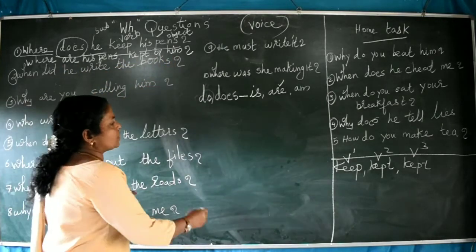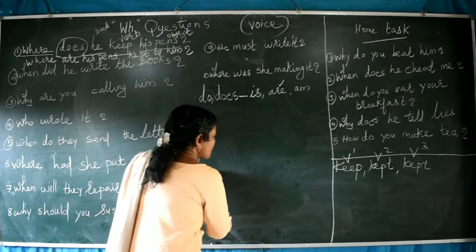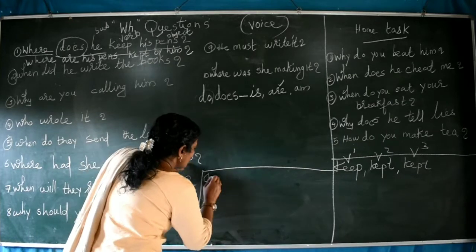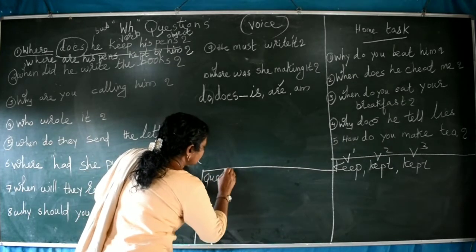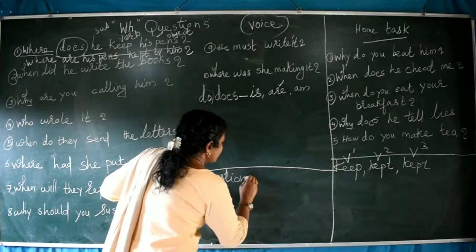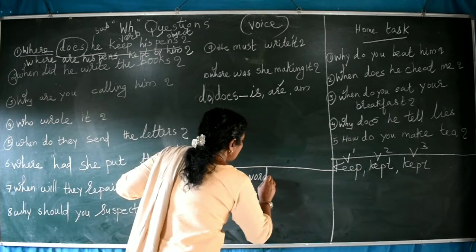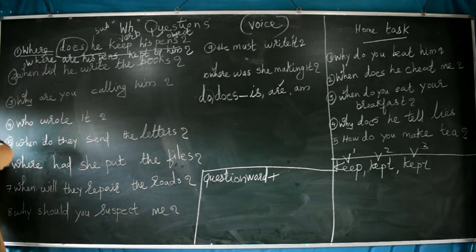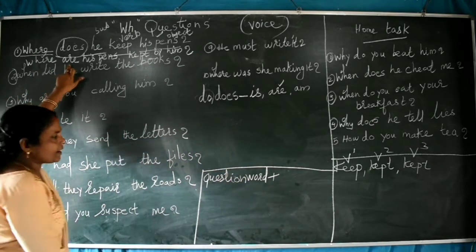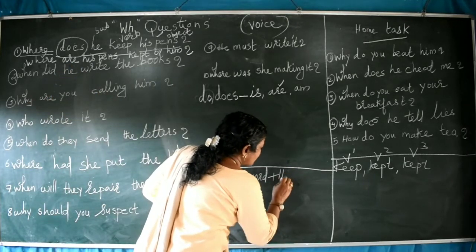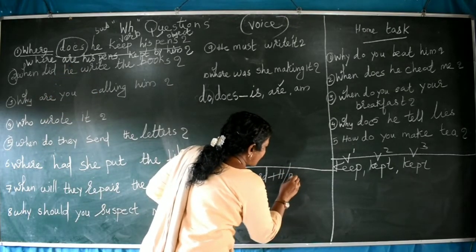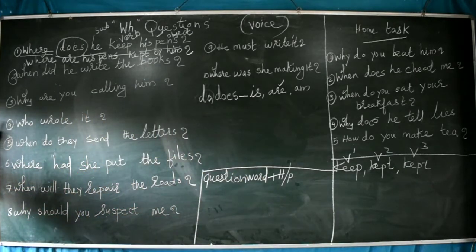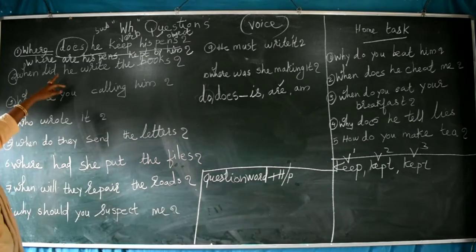So the formula for this is, first, the question word. What is the question word? Question word plus, and have a look at it, question word where. Okay, that is finished. Next is the auxiliary verb. You know there are 24 auxiliary verbs: is, are, was, were, has, have, had, do, does, did, can, could, may, might. There are 24. Okay, don't forget that.